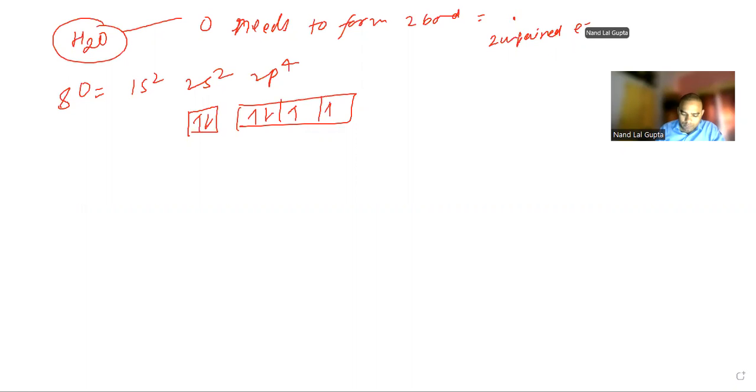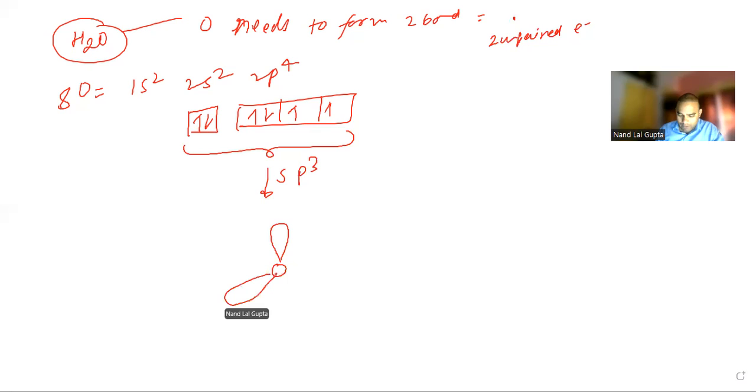But here, what are they going to do? They are hybridizing. The 2s orbital and 3p orbitals are going to hybridize. So if it hybridizes like that, four new orbitals will form: one hybrid orbital, another hybrid orbital, another hybrid, and this one. Here two hydrogen atoms are sharing one electron each, one electron of hydrogen with one electron of oxygen.